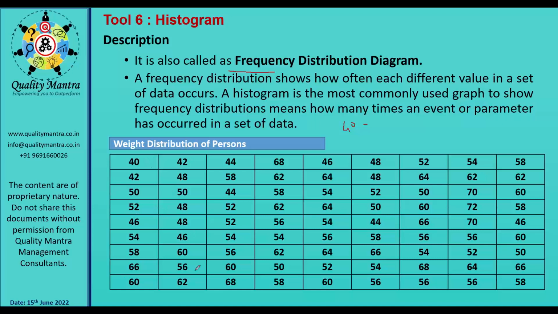You have to manually check 40 how many times, 2 times, 3 times, 4 times. Then 42 how many times, then 44, or you can take a range also like 40 to 42 how many times, 42 to 44 how many times. You need to manually calculate, and then you have to make a bar graph on the Excel sheet. That is one of the ways.